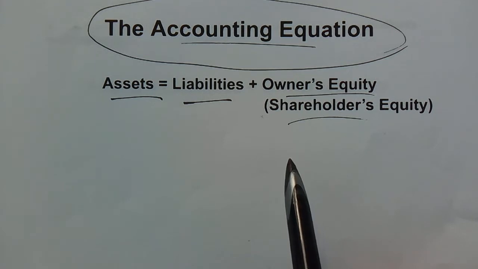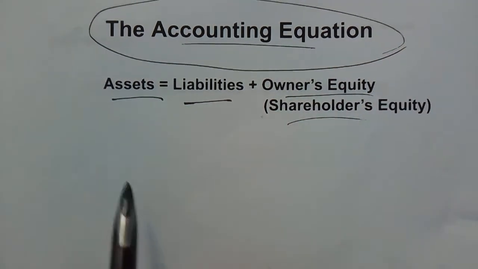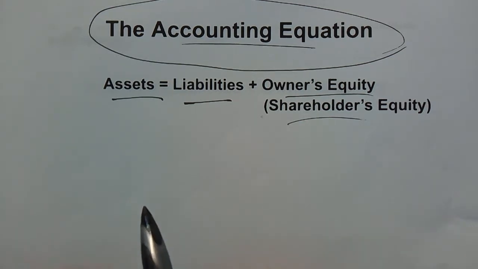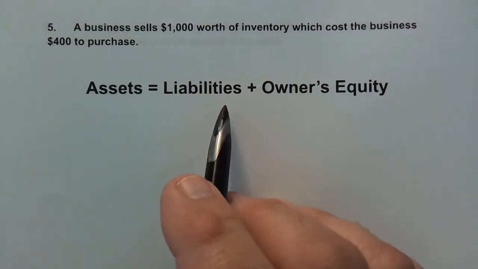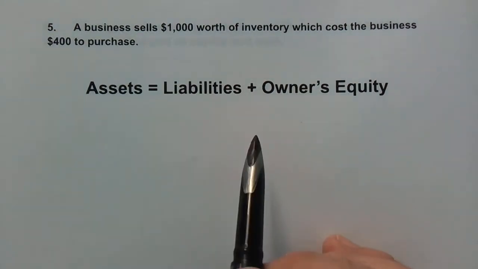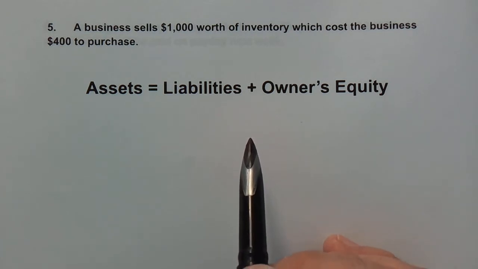If you haven't seen that video, I'm linking it here for you. Take a look at that for those examples. But today, we're going to delve into some more advanced transactions, including transactions involving dividends. Let's dive into those examples.